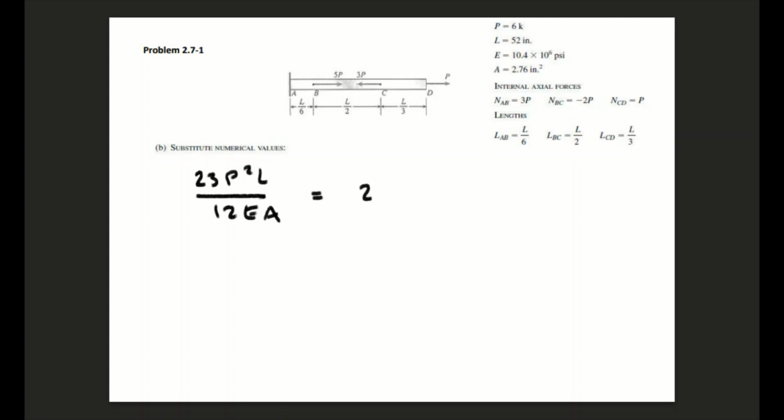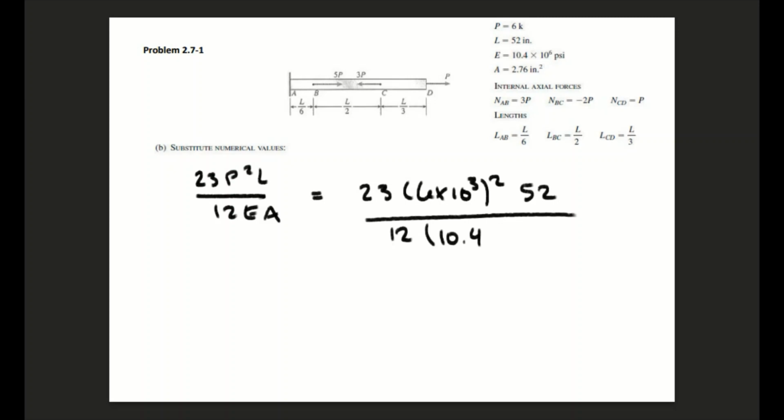That is going to be equal to 23 times 10 to the third squared, times 52, over 12 times 10.4 times 10 to the 6 times 2.76. All right, using a calculator, magic math, we get 25.